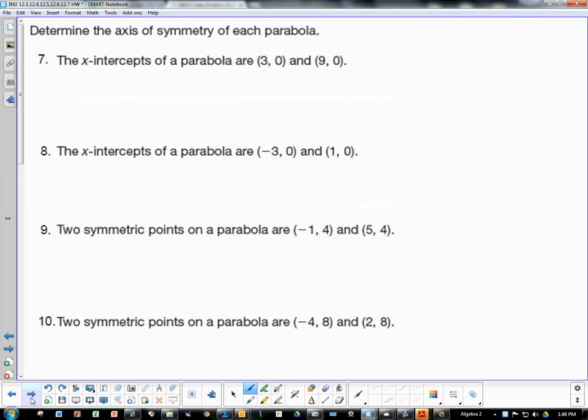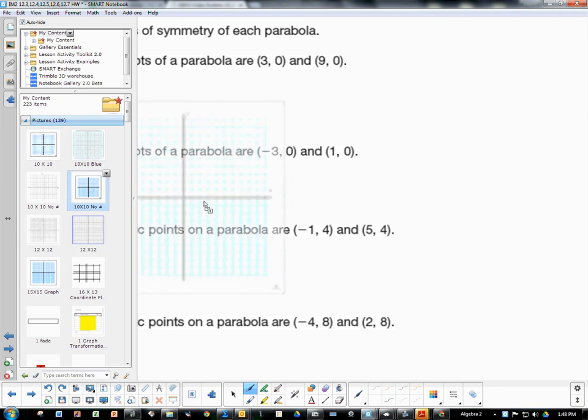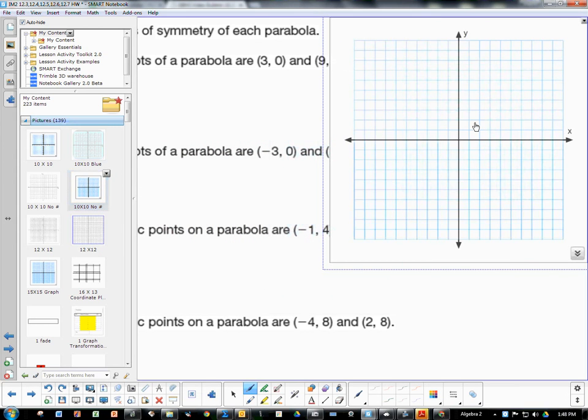Next page, number 7. It says determine the axis of symmetry of each parabola. All right, so number 7. Let's get a graph going here. So let's say this is my graph for now.